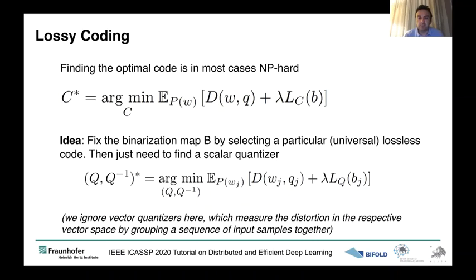The goal is to find a quantizer and reconstruction values, Q and Q inverse, so that this rate distortion term is minimized, but we assume that our binarization map, our lossless part, is fixed.